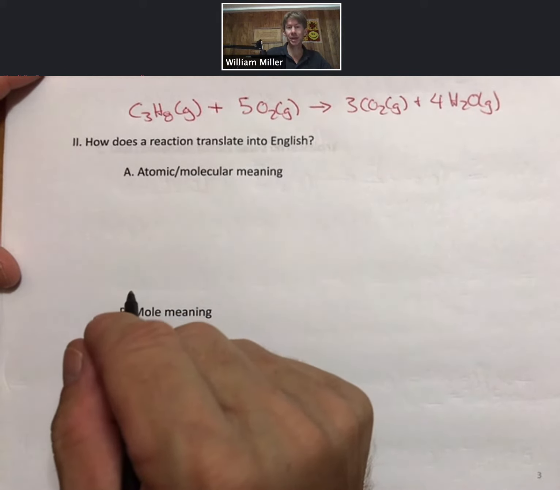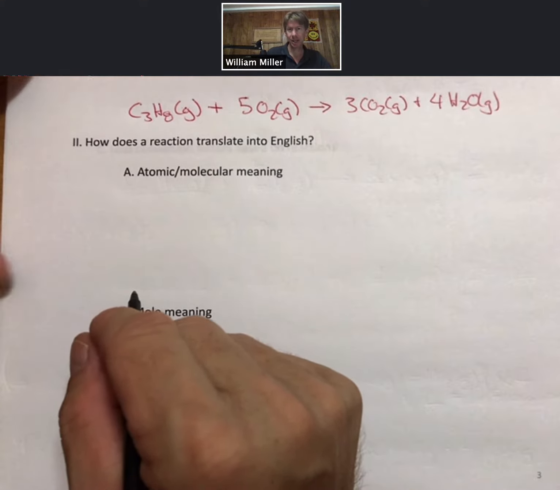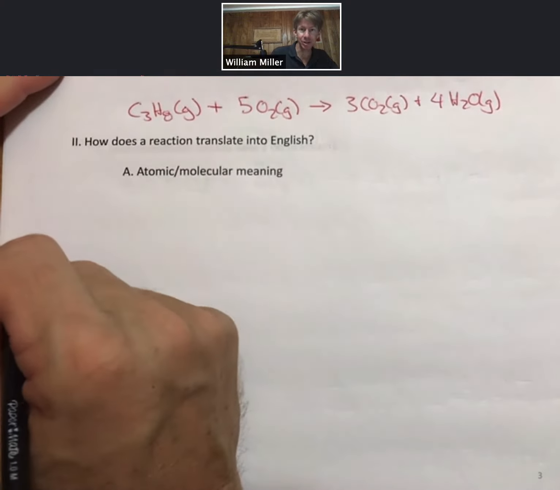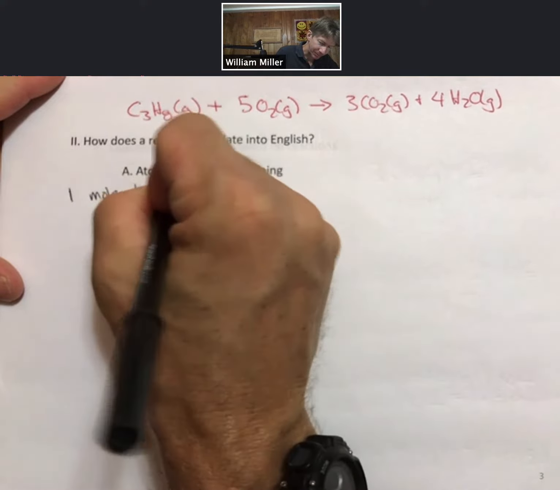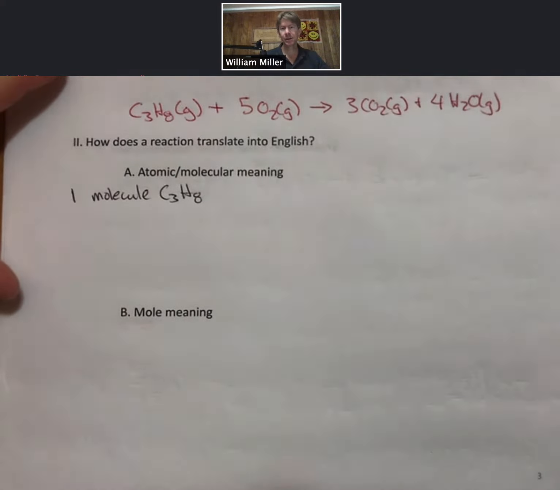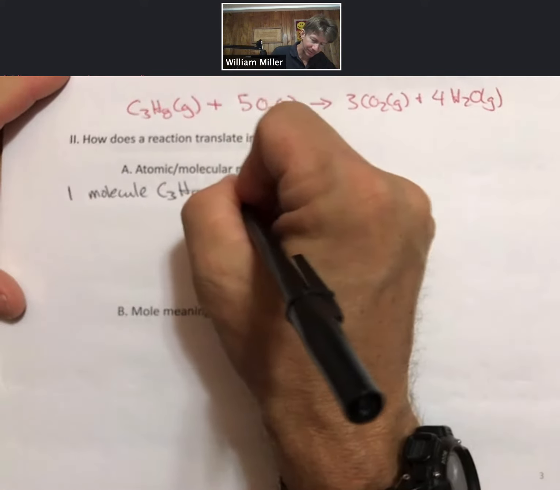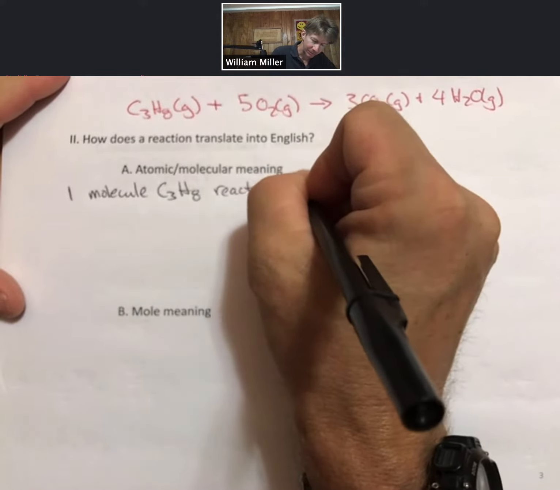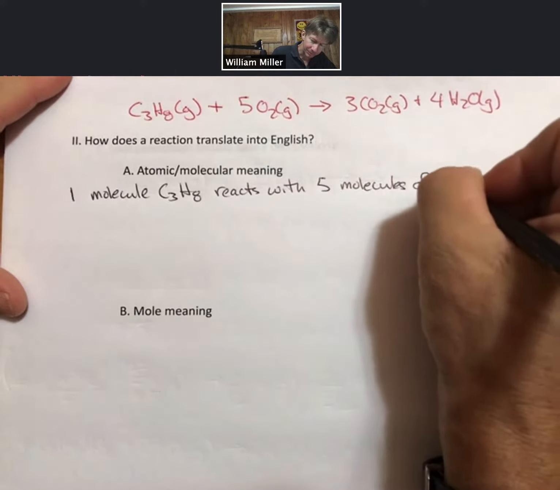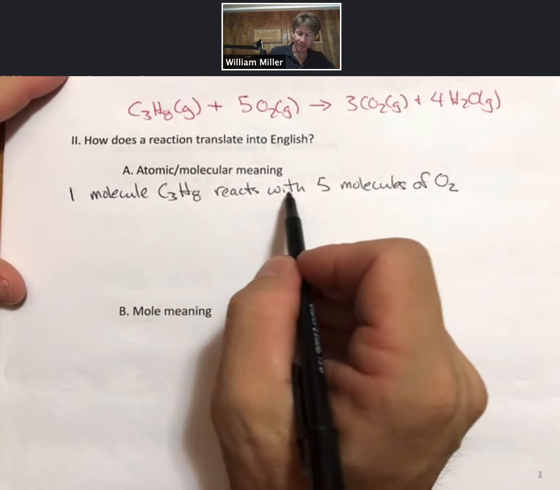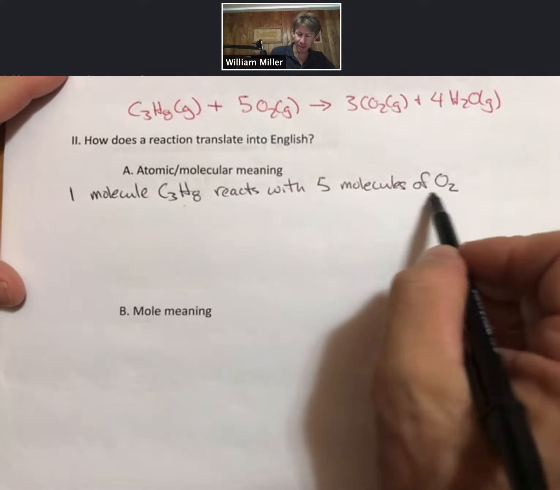On a very real basis, we can talk about 1 molecule of propane or 1 molecule of C3H8 reacts with 5 molecules of oxygen, or 1 molecule propane added to 5 molecules of oxygen.